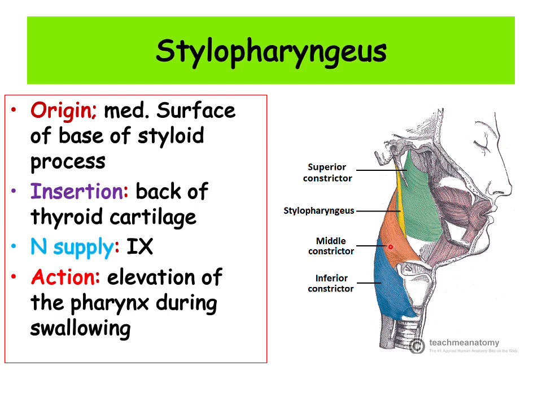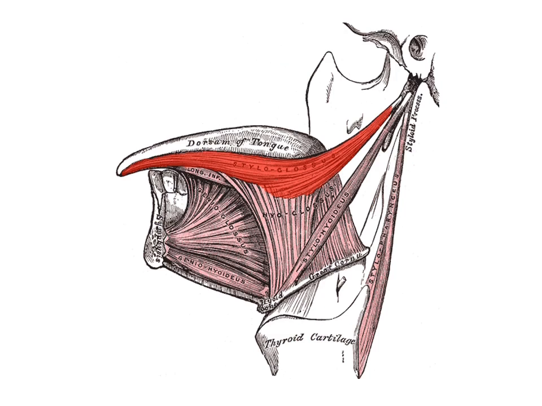Being a muscle of the pharynx, it is supplied by the glossopharyngeal nerve. As the styloid process is fixed, it pulls the cartilage and the pharynx upward during swallowing.